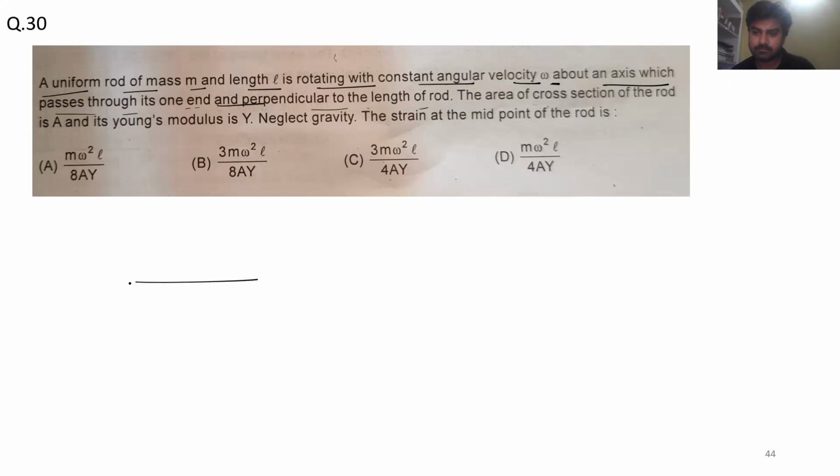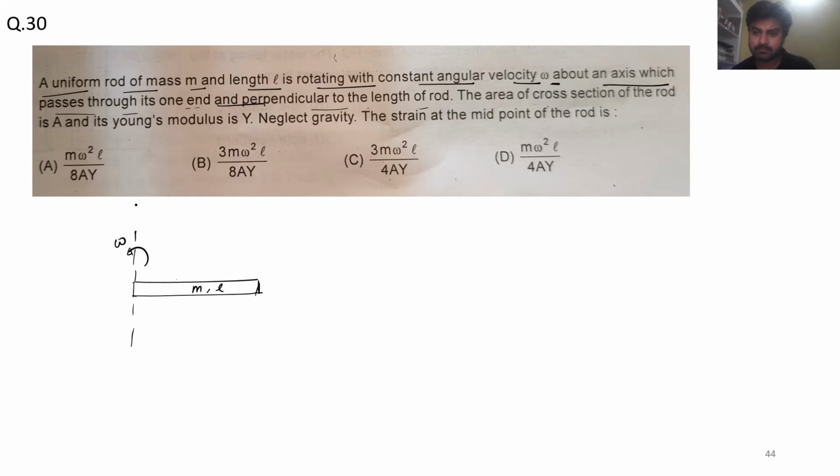So there is a rod, mass is m, length is L. It is rotating with constant angular velocity and with an axis which passes through one of its ends. So let's say this is the axis. So it is rotating like this with omega.